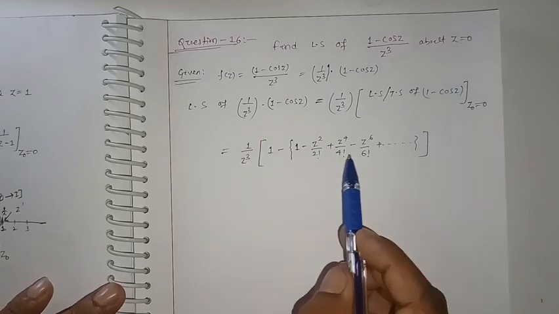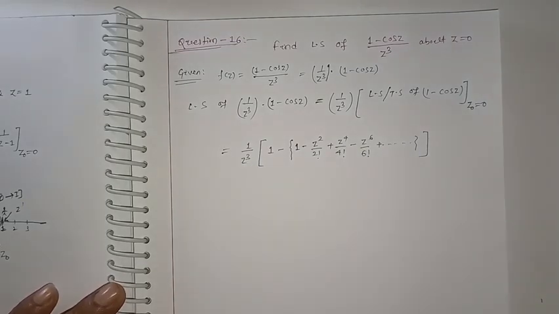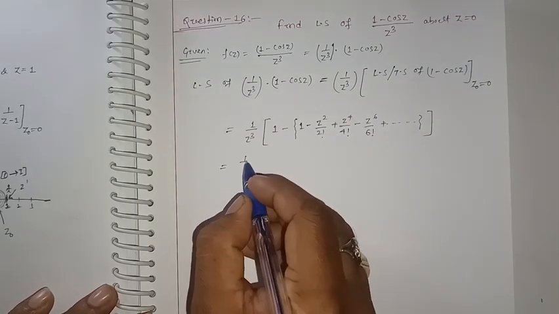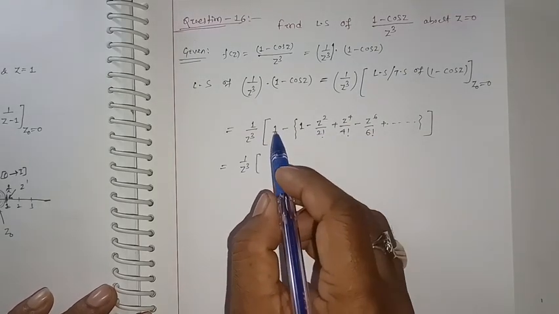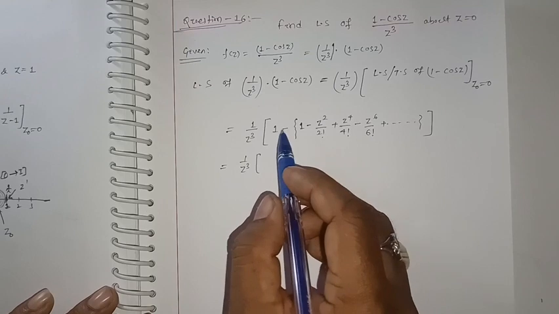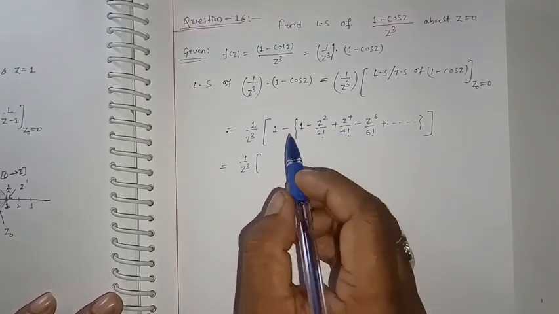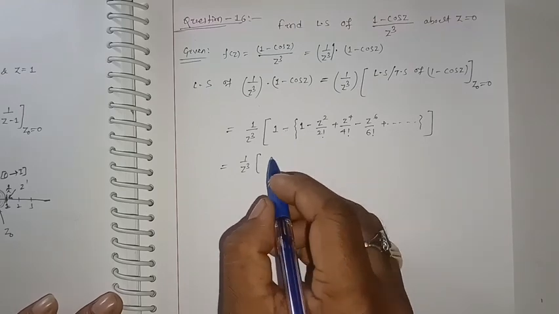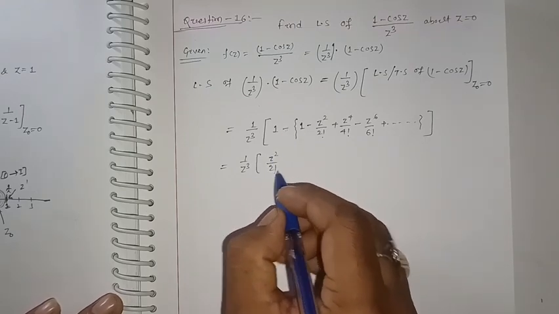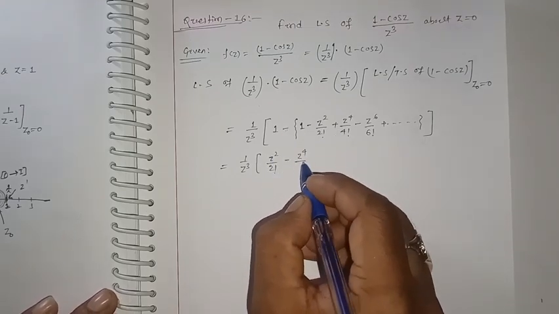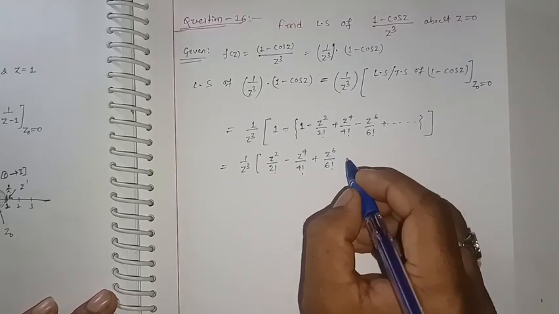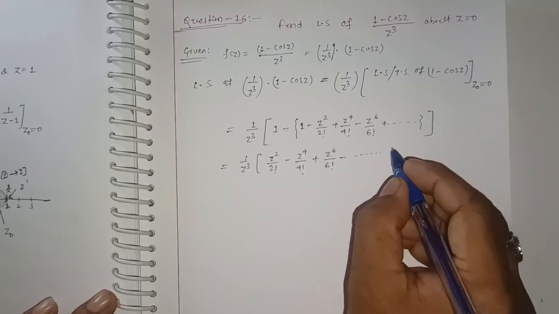In the exam, if you leave it at this much, you can also get the marks if it is a 2 mark question. But you can just simplify it. It will be 1 by z cube. Here 1 minus 1 will be 0. This minus is going to be multiplied with all the terms. That means this will be plus z square by 2 factorial, then minus z to the power 4 by 4 factorial, then plus z to the 6 by 6 factorial, then minus, and so on.